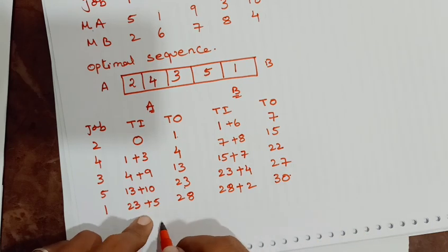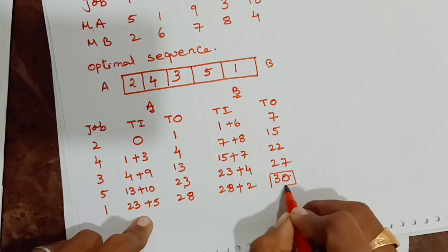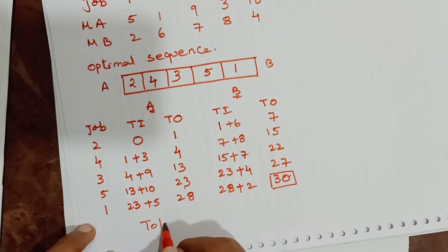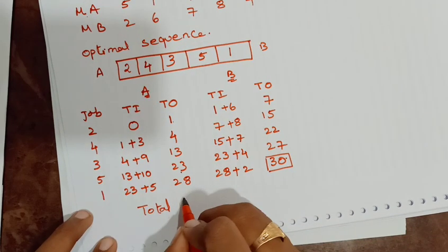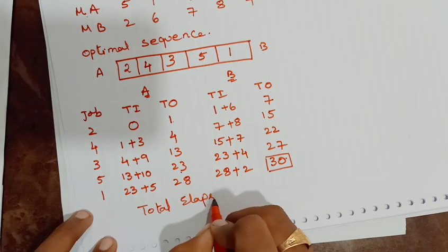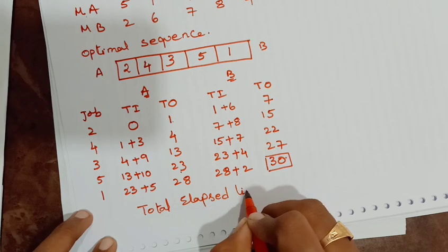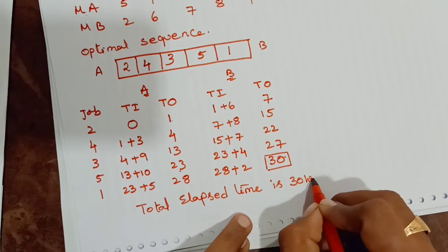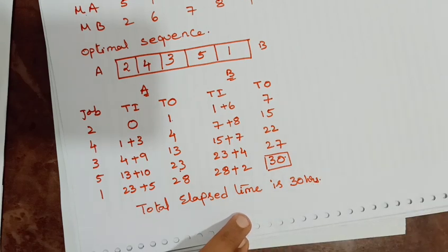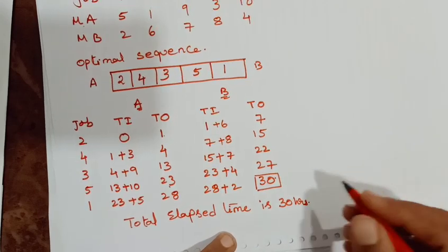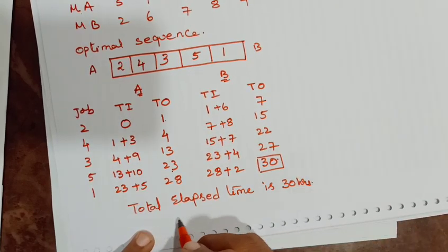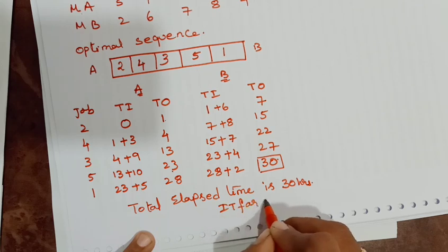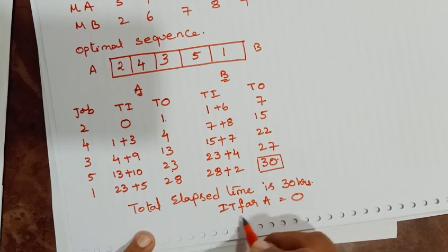So this is the total elapsed time. The total elapsed time is 30 hours. Idle time for machine A is 0.